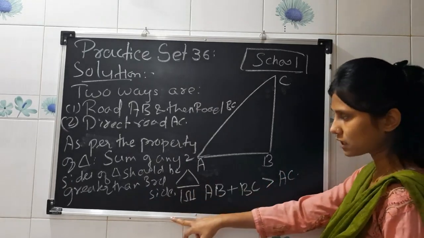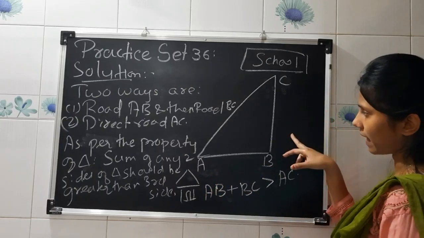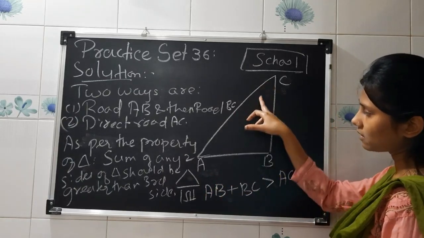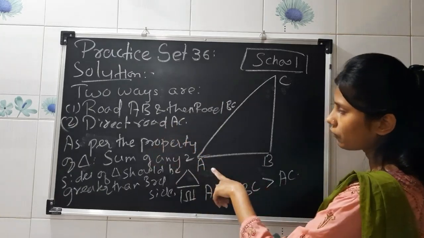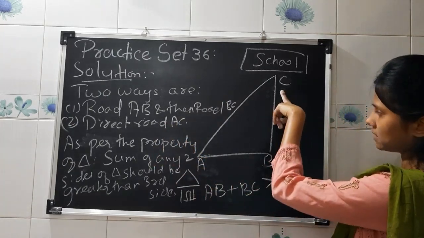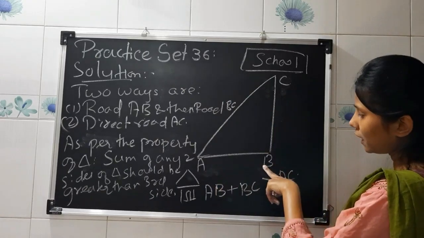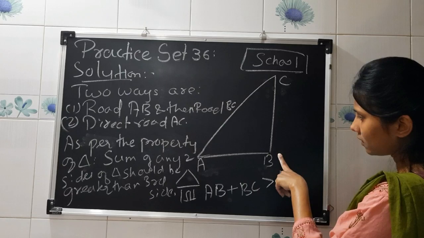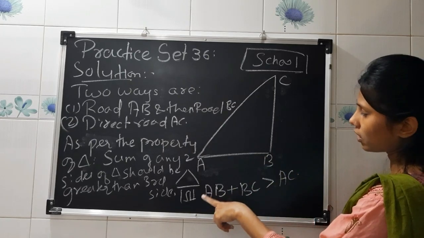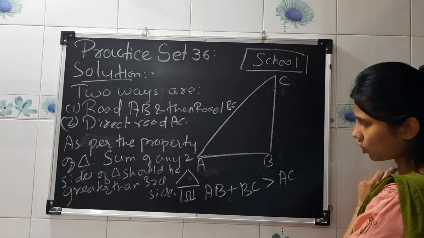Okay, according to this property, sum of two sides is greater than the third side. So if he will go from the road AB and then BC, then it will be a long road. Okay, it will take long for Avinash to reach the school from his home.